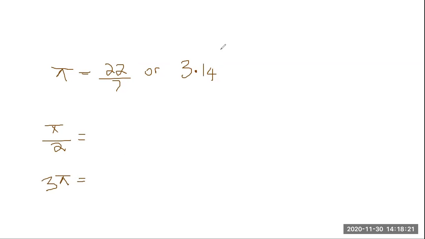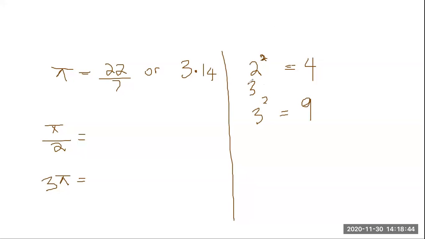Another quick thing we want to look at is squares. This is simple because this is stuff we know. So we know 2 squared is 4, right? And we know 3 squared is what? 9. So what if I said, what is 2.5 squared?